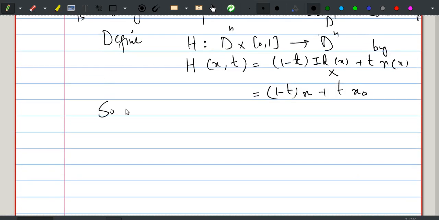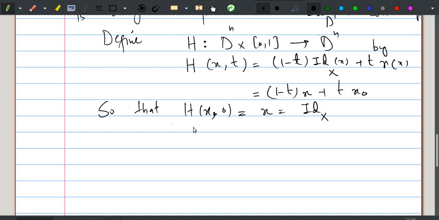So that h of x,0 is x, which is the identity map on x, and h of x,1 is x naught, which is the map R. So these two maps are homotopic.